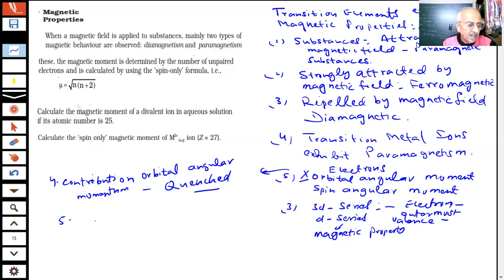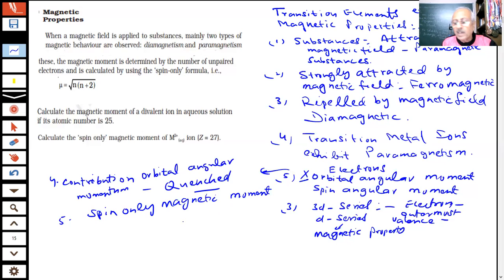So we will only be considering the spin only magnetic moment for these transition elements.